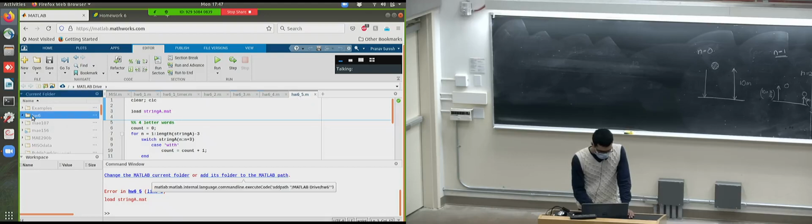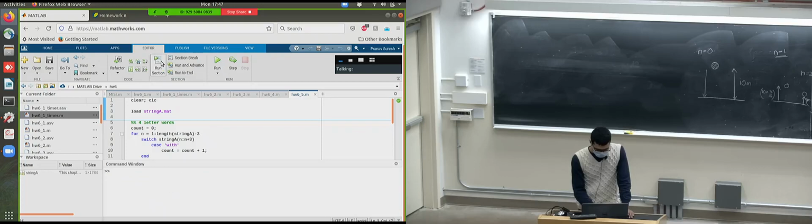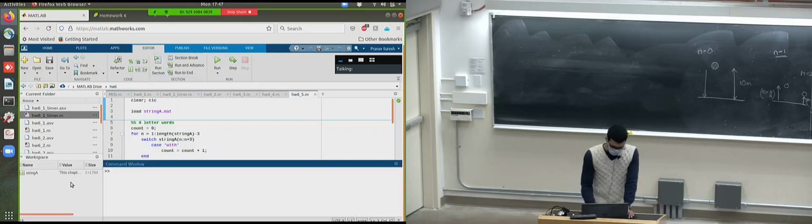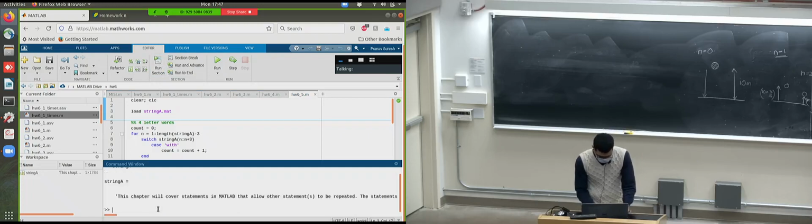All right. So you have the string here. This string is essentially a collection of characters, and in this case it's a paragraph from a book. So you'll notice that there are multiple words, and you need to find out the occurrence of a particular word.